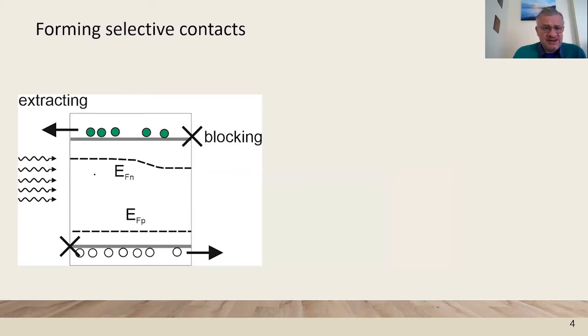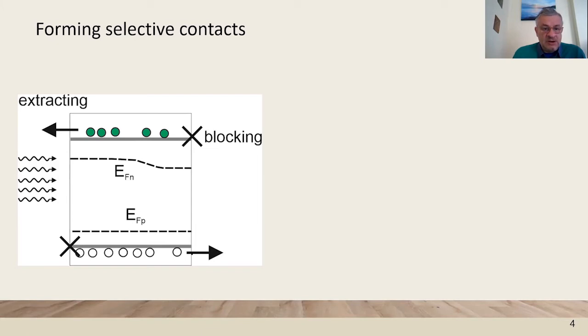So here we insist on the structure of the selective contacts. It means that one contact is going to extract one type of carrier with a low investment in a step of Fermi level, but the other contact is going to block these carriers, and vice versa.